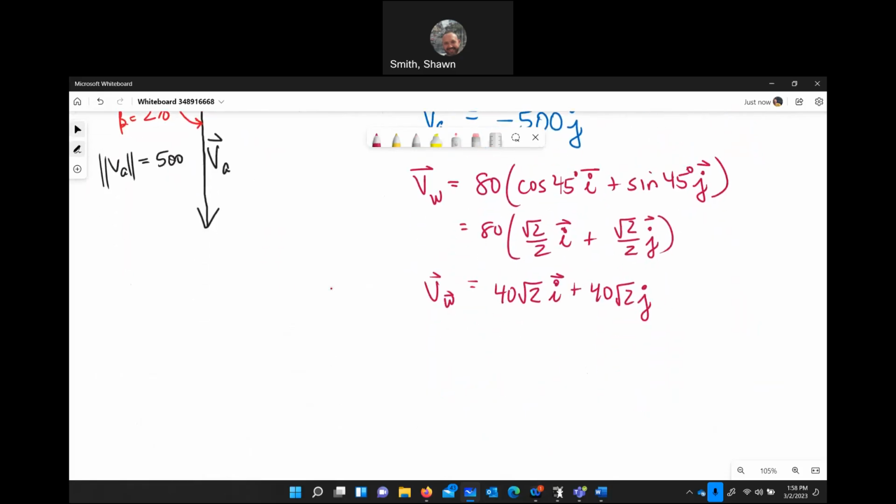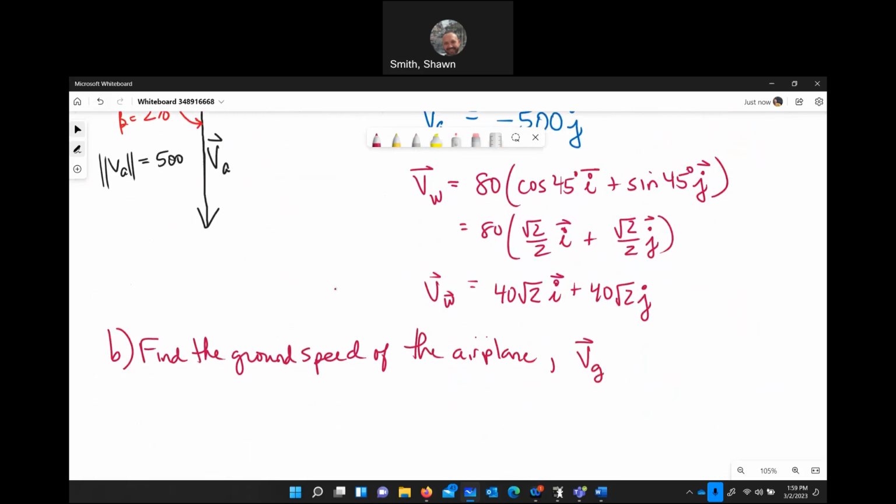So this is part B, find the ground speed of the airplane. So this is actually, let's call it V_G.